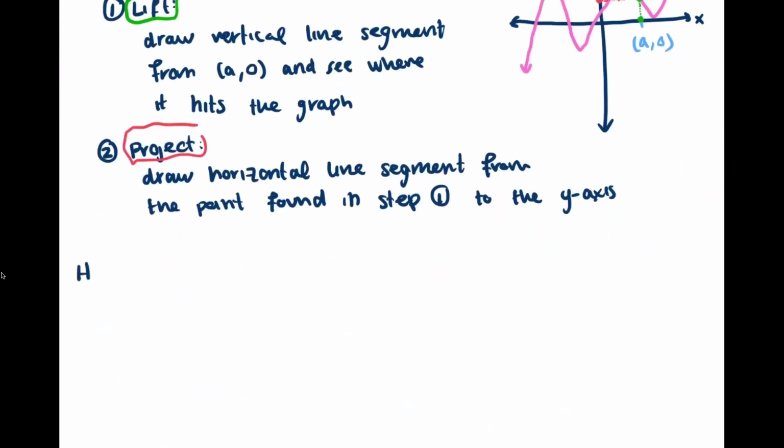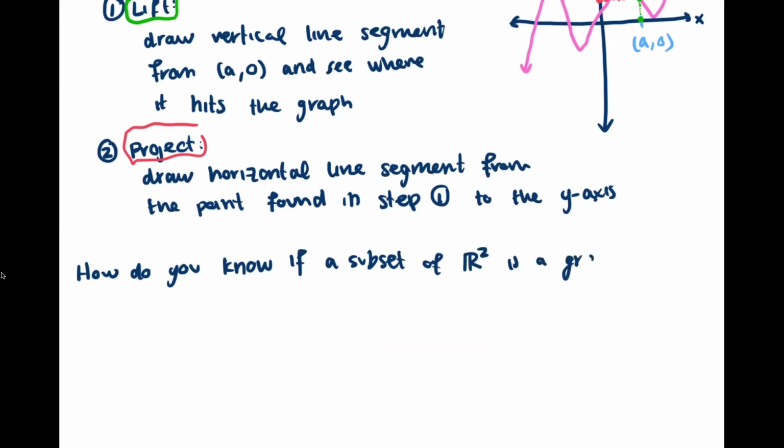How do you know if a subset of R2 is a graph of a function from R to R?